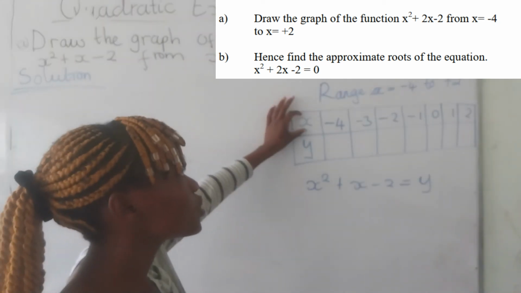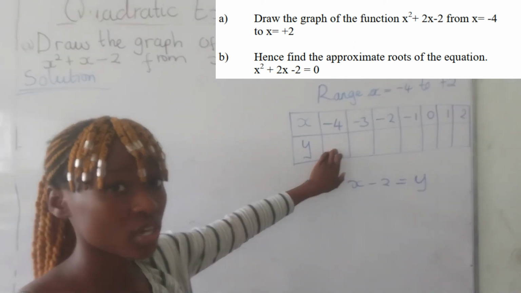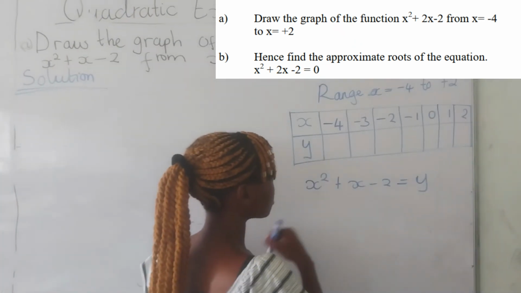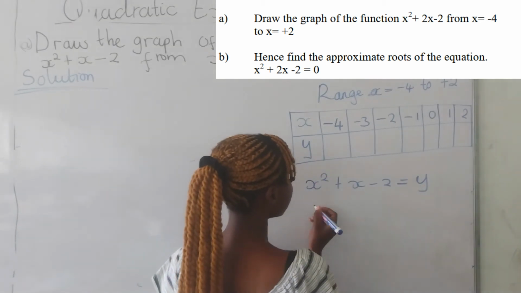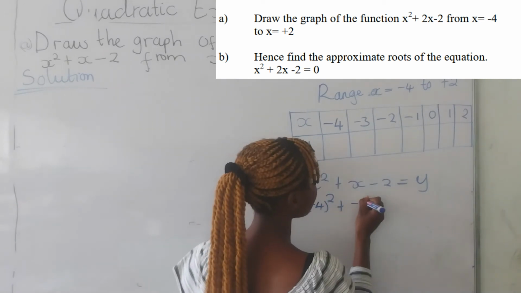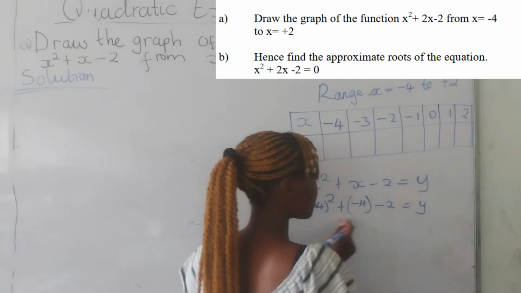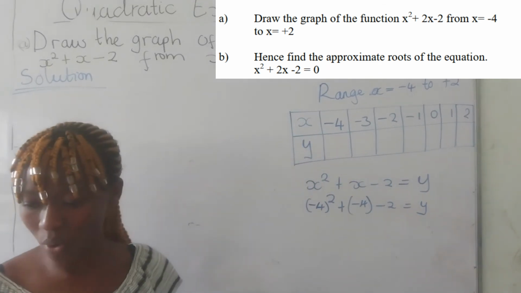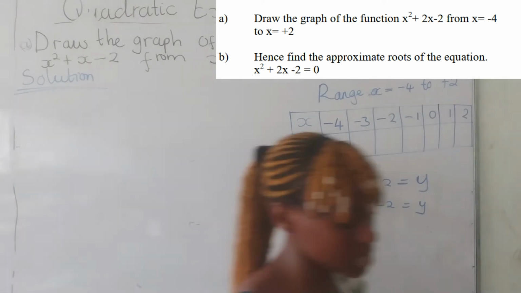You now substitute your x into y. The value you get, you put it here. Okay? So for the first part, I'll just show you. The rest, I'll just put the numbers. For the first part, I'm going to say minus 4 squared, plus minus 4, minus 2. The value that we get is our y, guys. Okay? That's just how it's going to be.